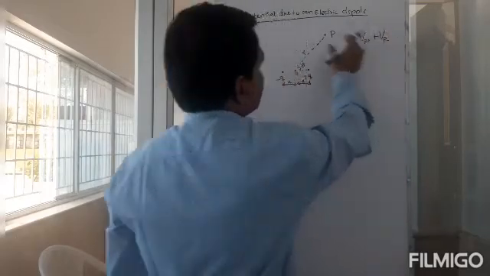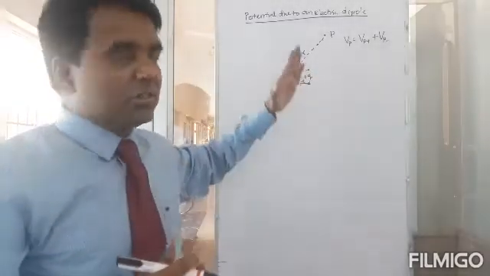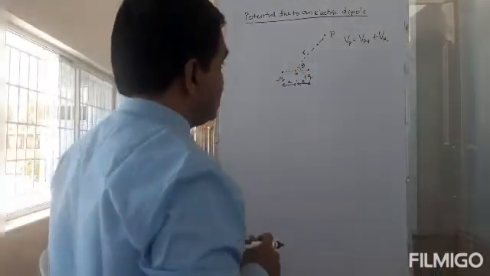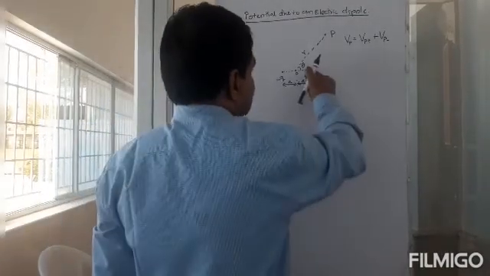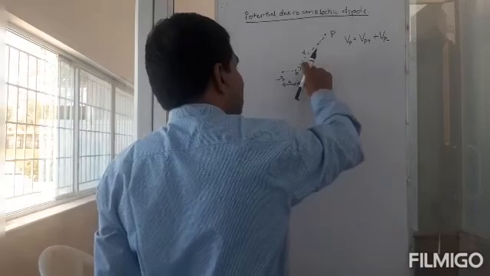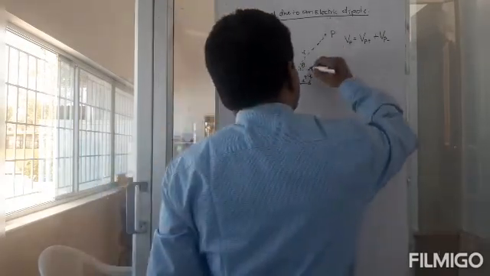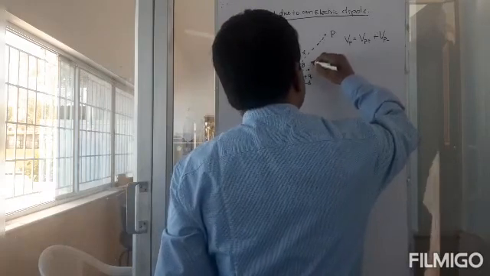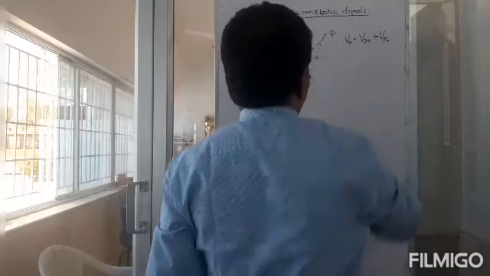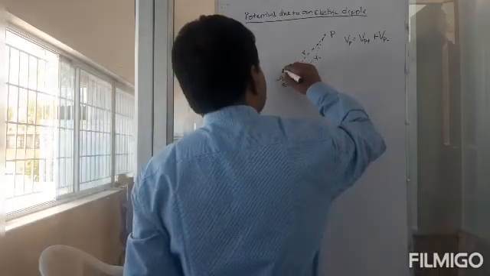I need to add these two things algebraically to get the final potential at point P. So when I take the positive charge, I can't take r, I should take the distance from the positive charge to that point P, right? I will call that distance r1. This is r1, and this could be r2.